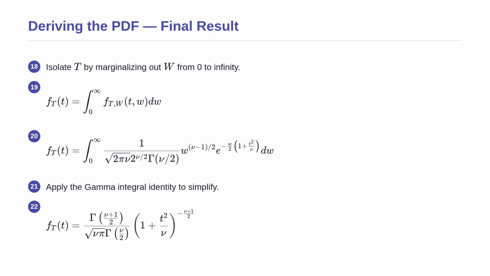By integrating out the w variable, we are essentially adding up all the probabilities across every possible sample variance. This integral perfectly matches the format of a well-known mathematical identity called the gamma integral. By applying its rules, the complex integral simplifies beautifully into our final result, proving the exact probability density function of the student's t distribution.